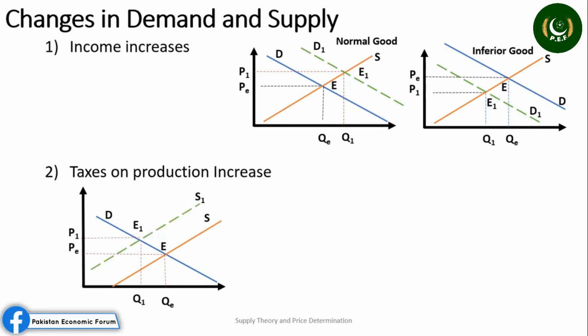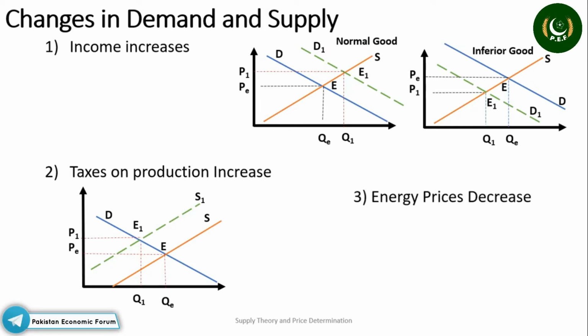If the price stays at the same PE level, the gap between quantity supplied and demanded at price PE will result in increasing the price because of shortage. It will continue until we reach E1, where the quantity demanded is again equal to quantity supplied.